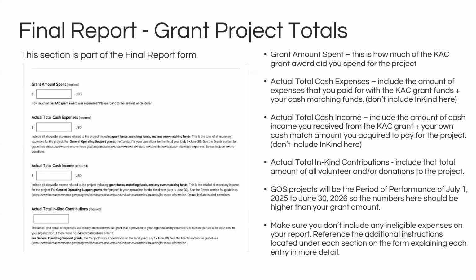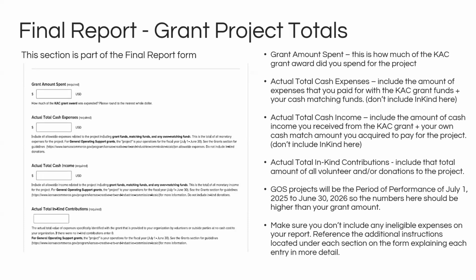So on this line item, no in-kind is included here. The GOS projects will be the period of performance of July 1st, 2025 through June 30th, 2026. So your numbers here should be higher than your grant amount. And then just make sure that you don't include any ineligible expenses in the report.